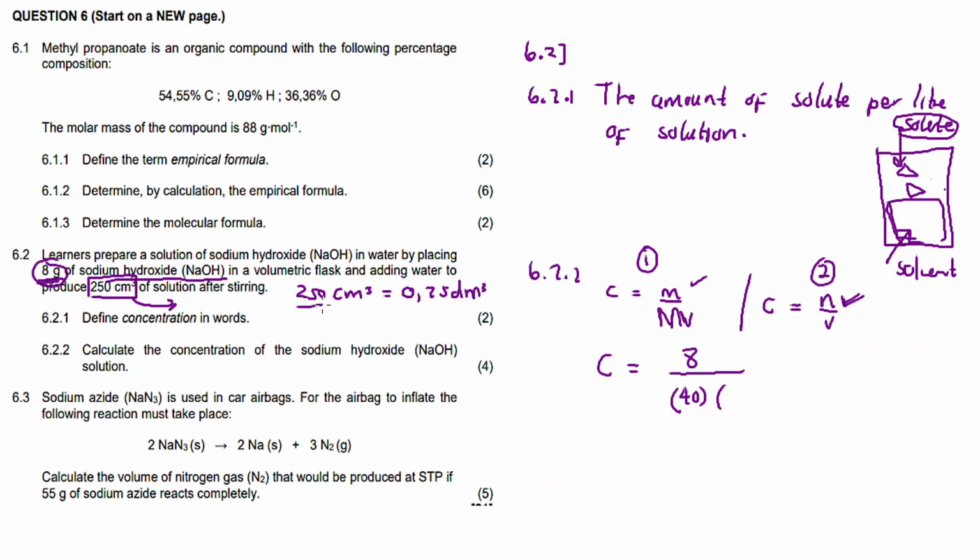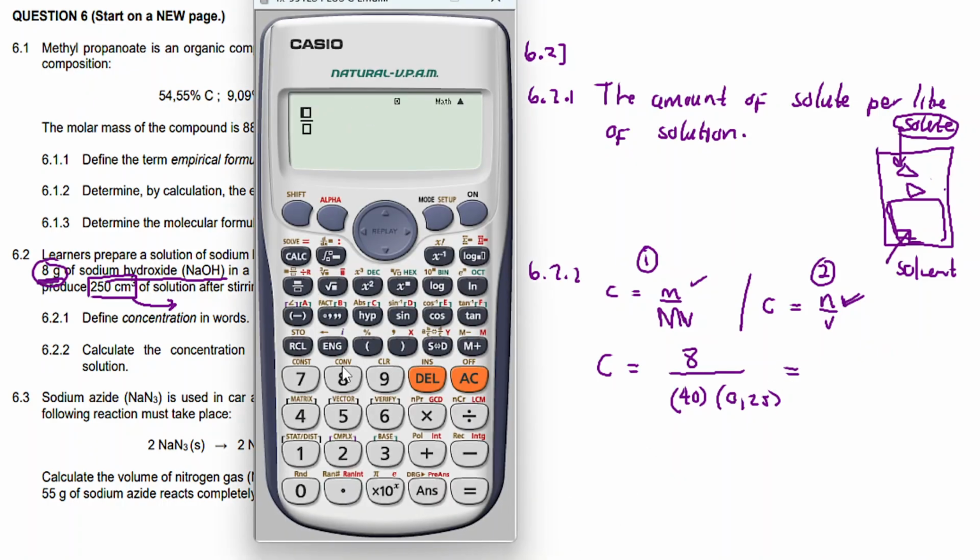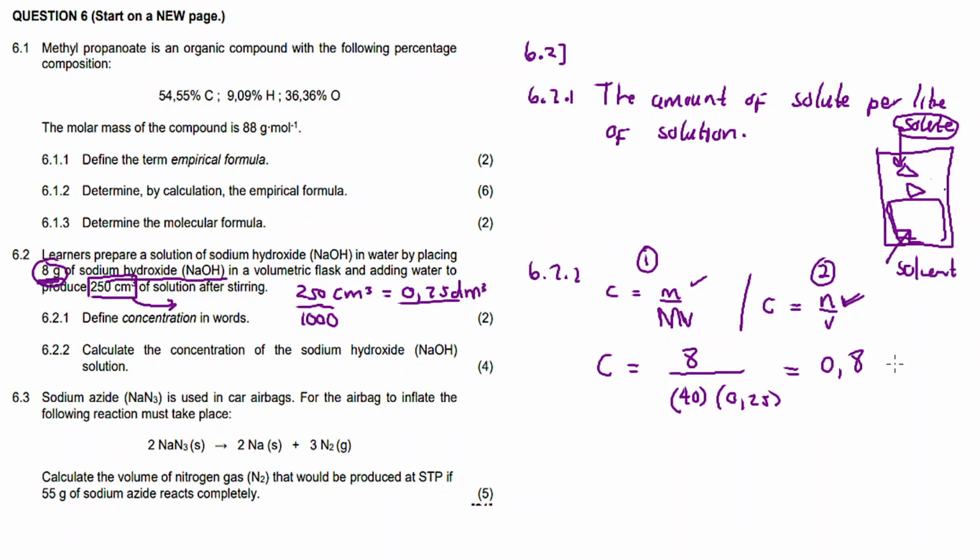We divide that by 1,000. So 0.25, let's see, 4 times 0.25. Answer is 0.8 mole per cubic decimeter. Alright, now I have answered it, okay, guys.